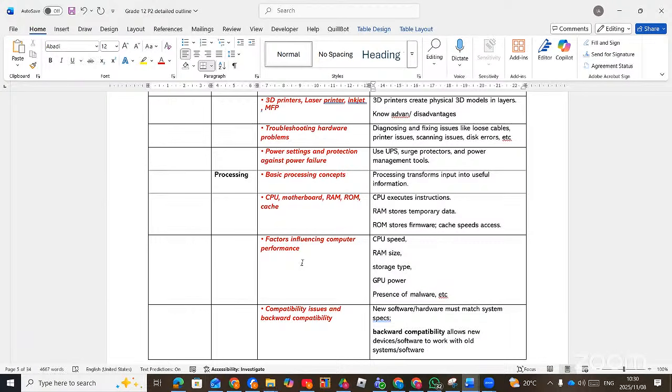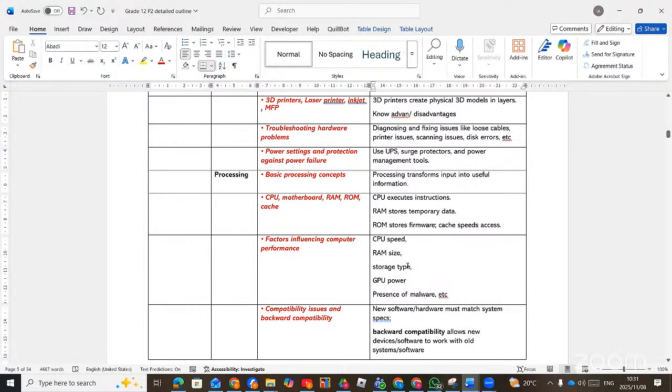Here, they are not talking about the hardware. They say the factor, that means general one. What can make your computer perform faster or slow? The first one is CPU speed. When they mention the factors influencing the performance, do not say CPU. They did not mention the hardware. They said the factors. So here you need to mention the factor, that's the speed of the CPU, the RAM size, the storage type.